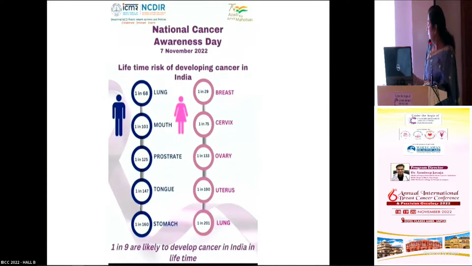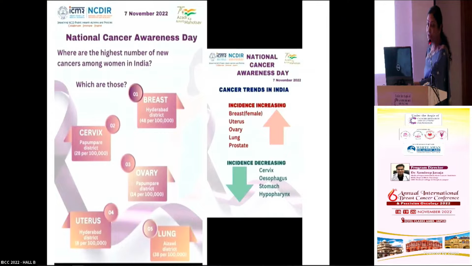So 1 in 9 people in India are likely to develop cancer in their lifetime, which is a good number, too good a number, I would say. And 1 in 190 are at risk of developing uterine cancer, out of which 80 to 90% are endometrial cancers.